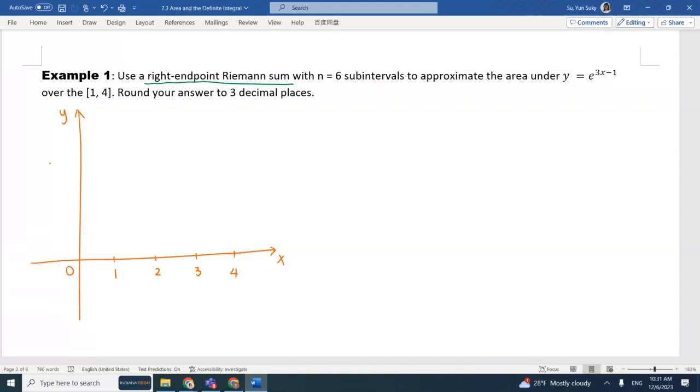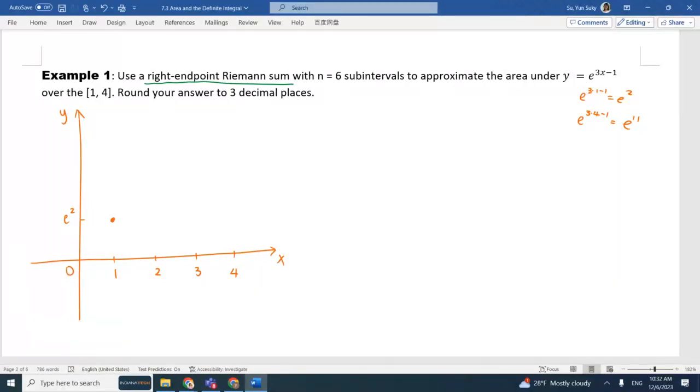When we plug in 1, well, we get e to the 3 times 1 minus 1, which is e squared. Yeah, everybody? So e squared, I know it's some positive number. So just put an e squared over there. And when we plug in 4, e to the 3 times 4 minus 1 is e to the 11. 3 times 4 is 12, minus 1, 11, right?